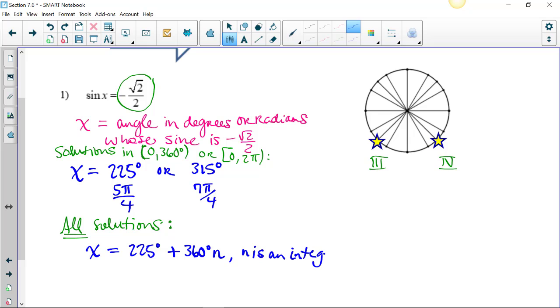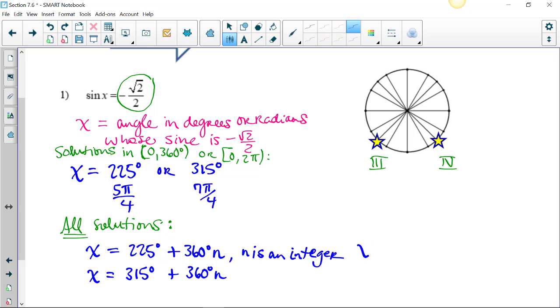So we've used that n notation back when we were in chapter 6. All right, so the other one would be then that x is 315 degrees or any angle coterminal, so we add integer multiples of 360 as well. So these would be the expressions that would calculate every single solution.